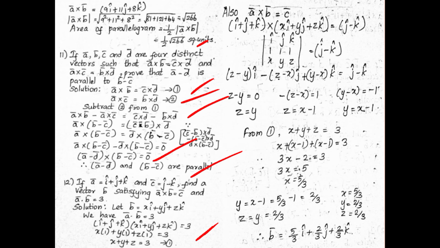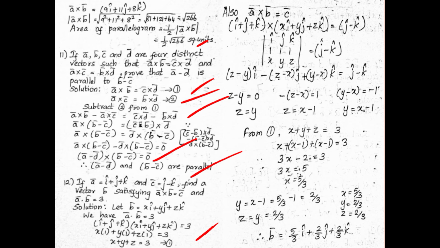Write down the coefficients in the determinant form. In the first row i, j, k, then in the second row coefficients of A vector, in the third row coefficients of B vector, which is equal to j minus k. So solve this, we get (z minus y)i minus (z minus x)j plus (y minus x)k is equal to j minus k.